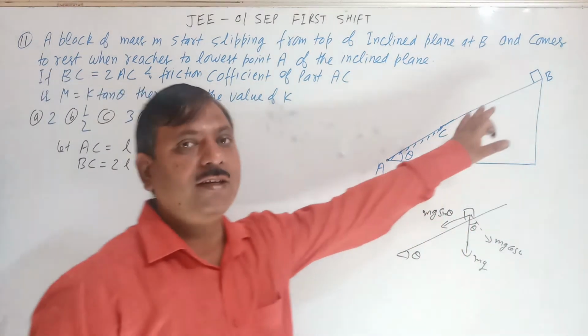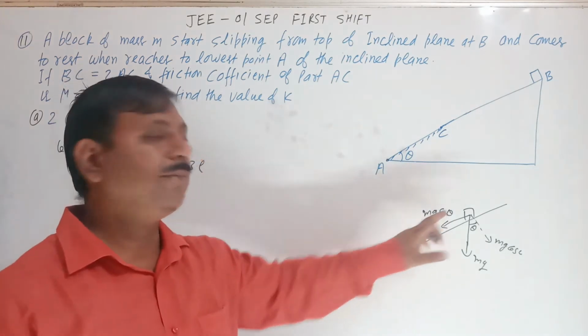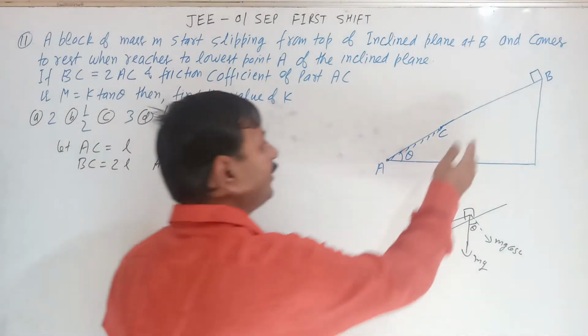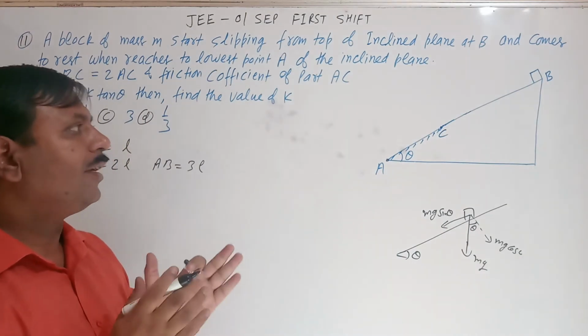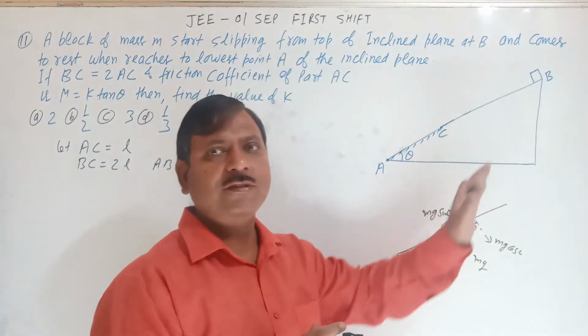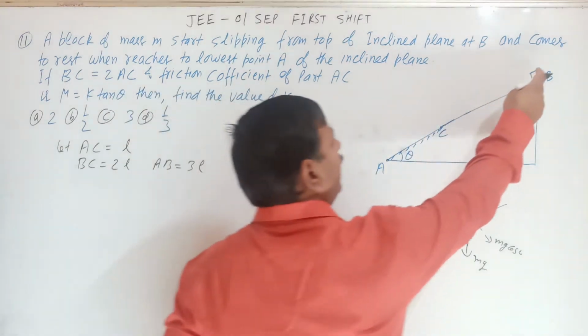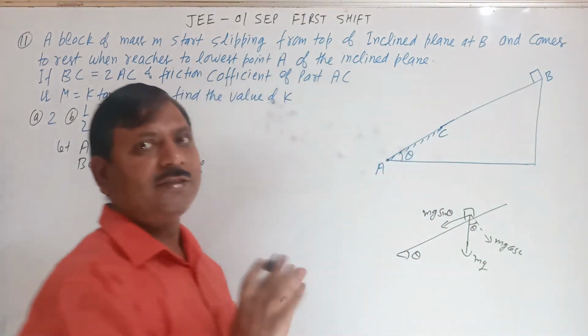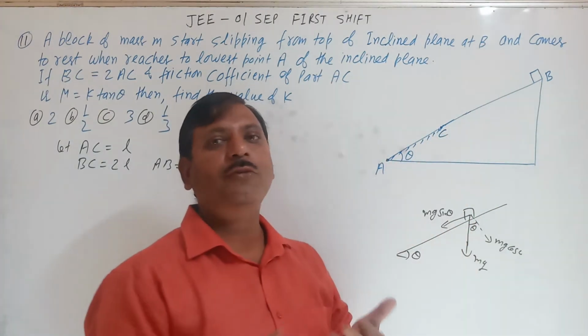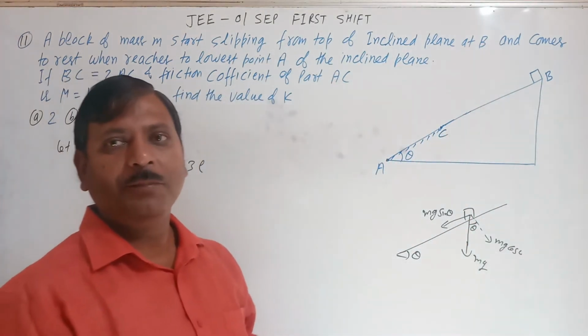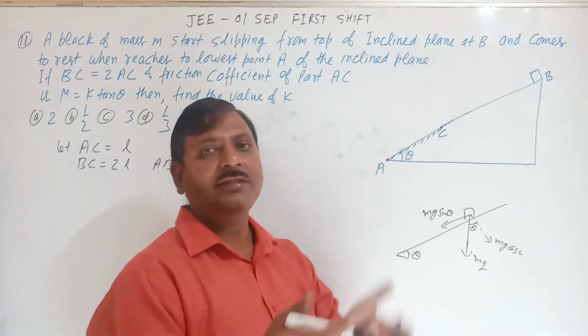So effective acceleration, you can see here, mg sin theta will act along BA. Okay. So see, work done by gravitational force: initially it is at rest, finally it is at rest. So work done by gravitational force is equal to work done by friction force. Both will balance each other.